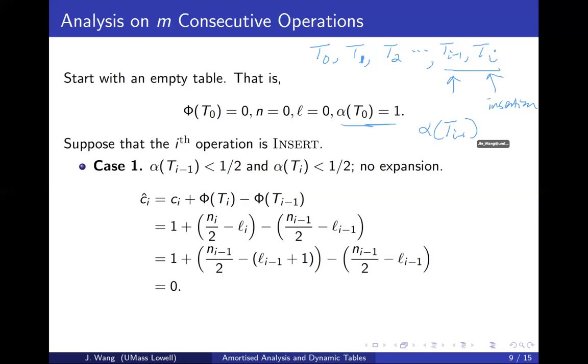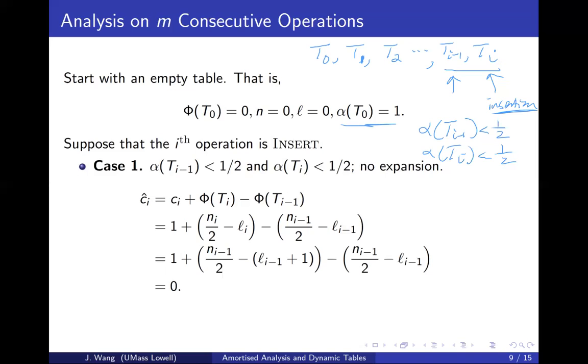If the load factor of Ti minus 1, before this i-th operation, which is an insertion, is less than 1/2, and after the insertion it is still less than 1/2, that means no expansion and no contraction occurred. That is then pretty straightforward.